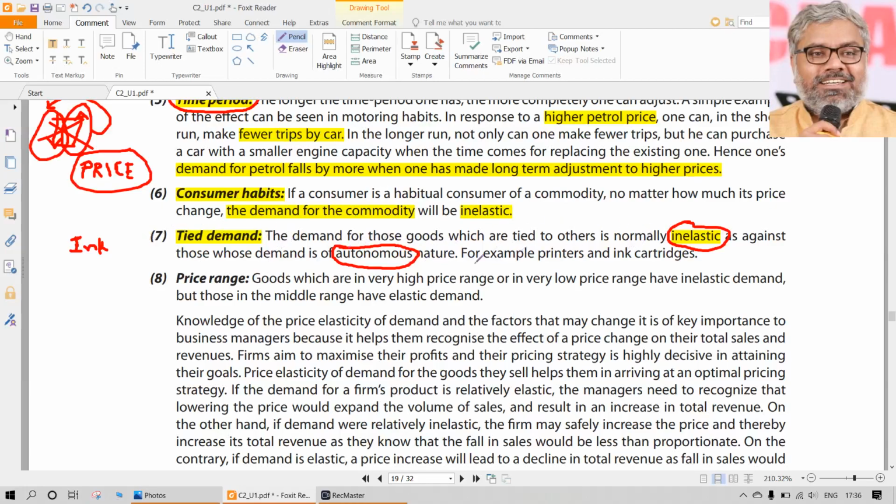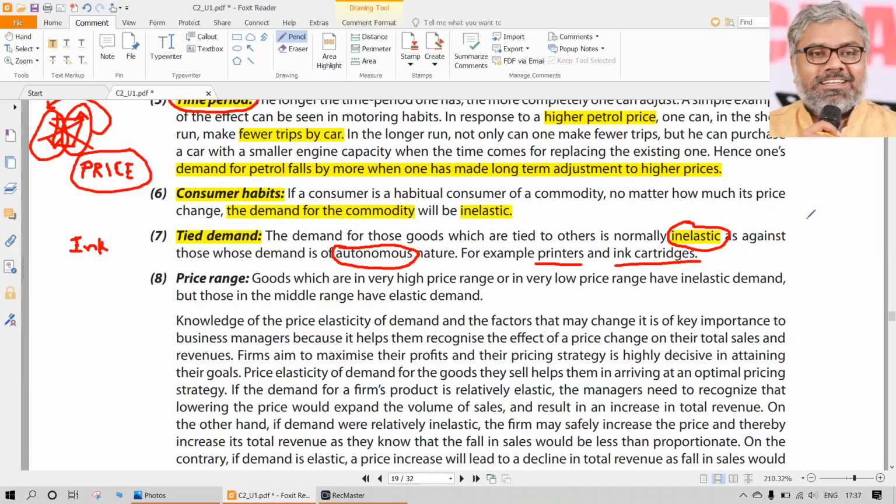Another example of tied demand: printers and cartridges. Printers will be price elastic because those are autonomous. But ink cartridges will be price inelastic because they are tied to printers. That is also another reason. You can just observe that. That is actually a strange thing if you observe logically. Take printers and ink cartridges as an example, or the All Out machine and the All Out liquid that you use. The All Out machine is an electronic product, right?